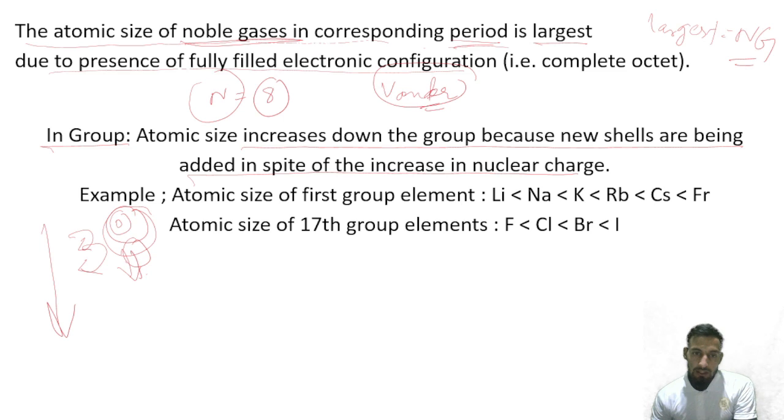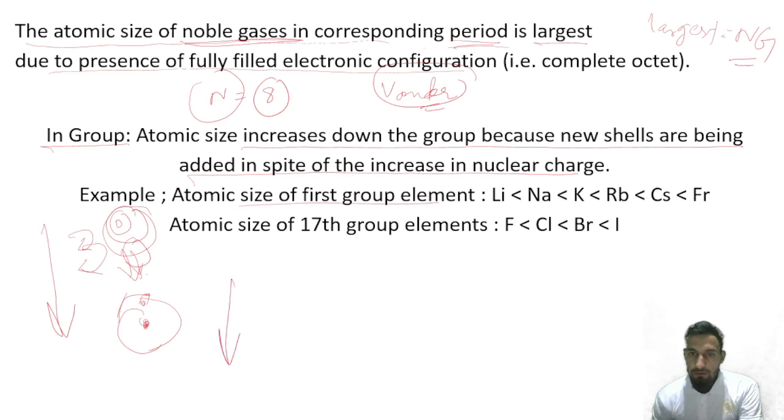So they more than compensate for the nuclear charge. नuclear charge भी बढ़ता है, लेकिन these shells are far away from the nucleus and they have less influence of this nucleus over the electrons, and hence we say that the atomic size increases on going down the group.